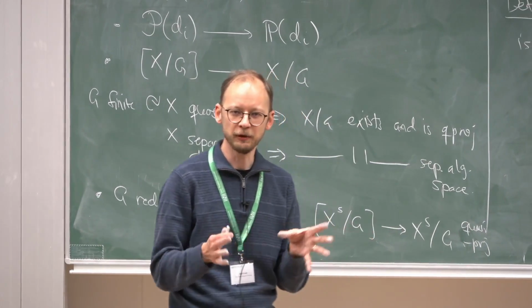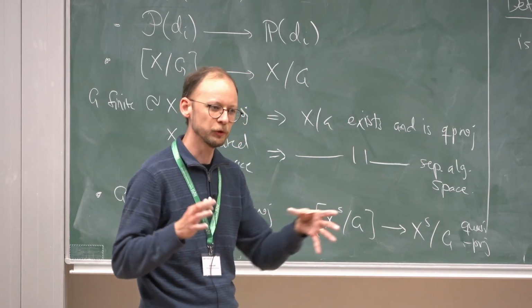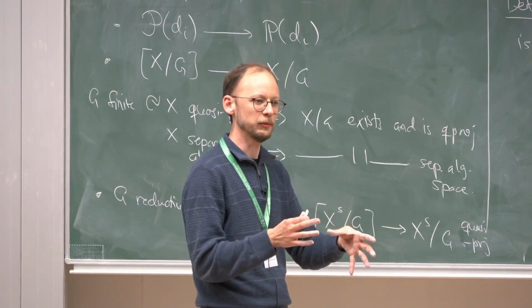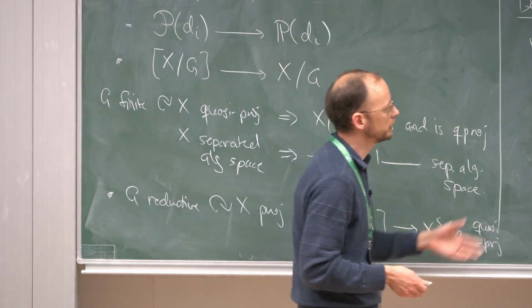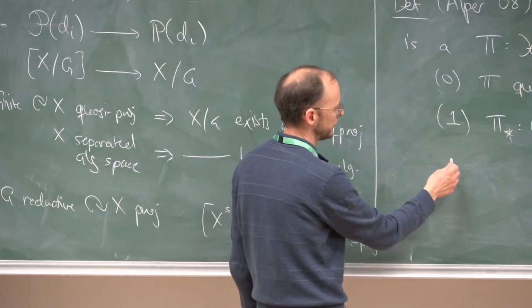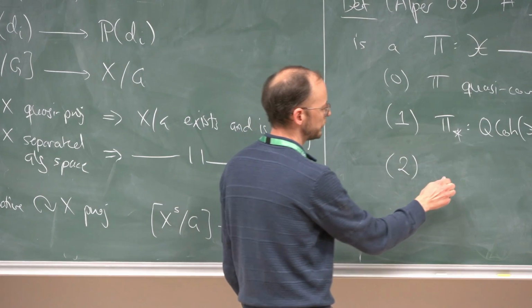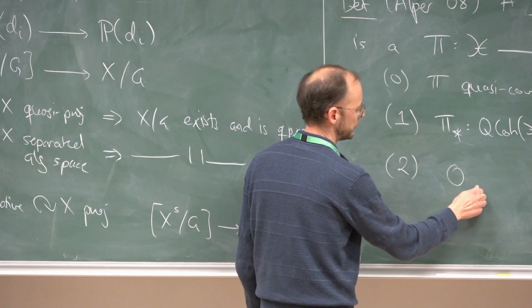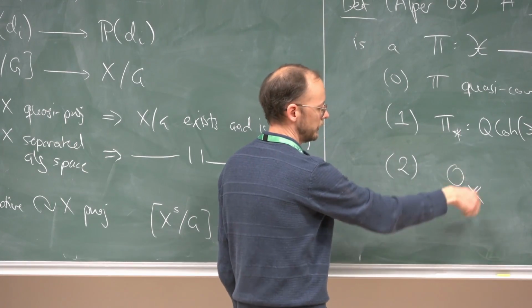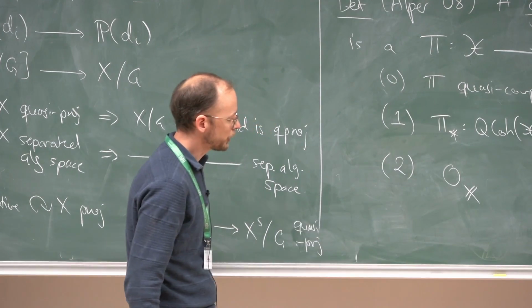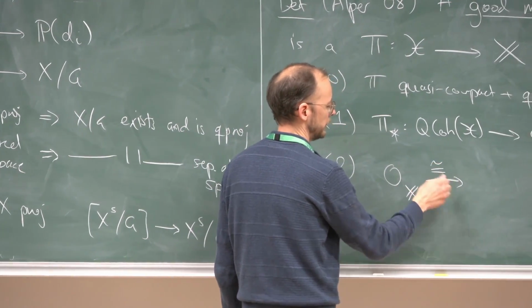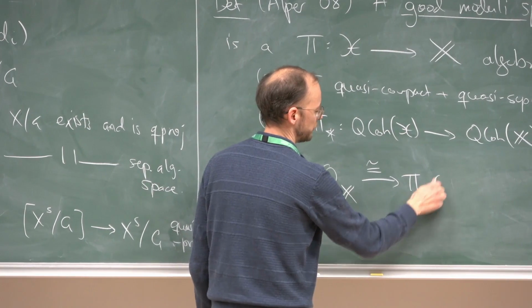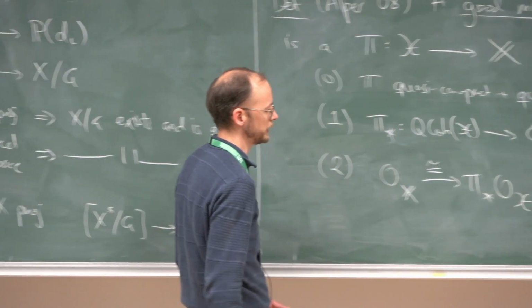So boundedness is a really important property. You want the stacks to be of finite type at least over the good moduli space. And then finally, we also want the structure sheaf of the space to be equal to the pushforward of the structure sheaf of the stack.